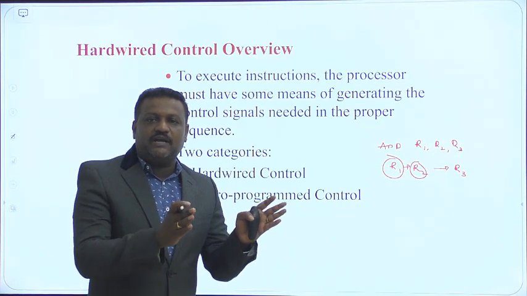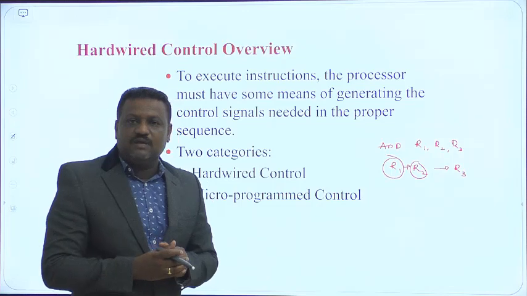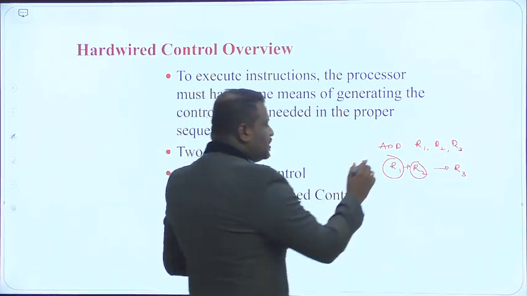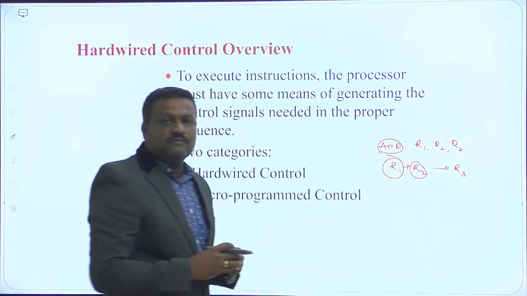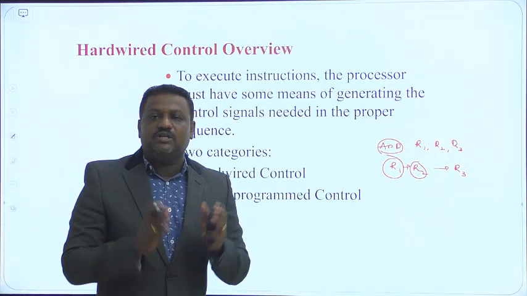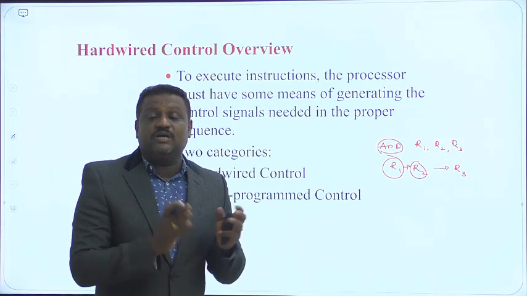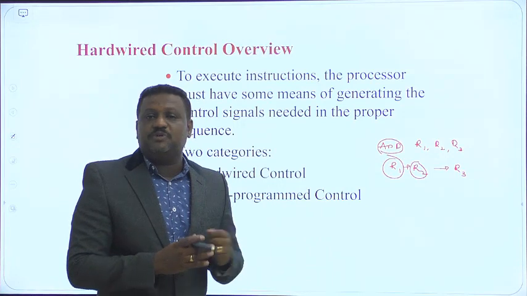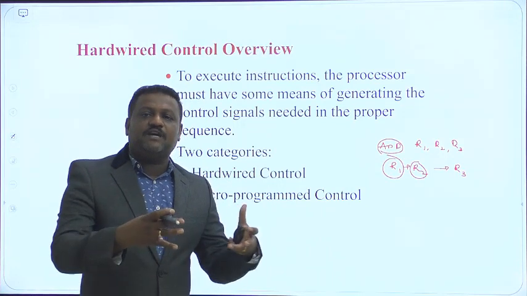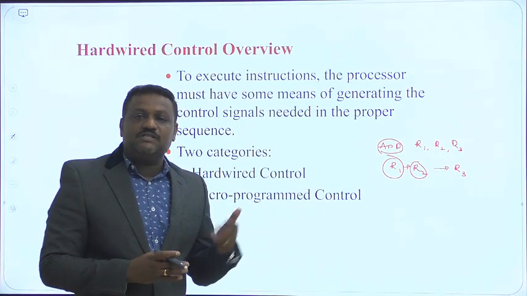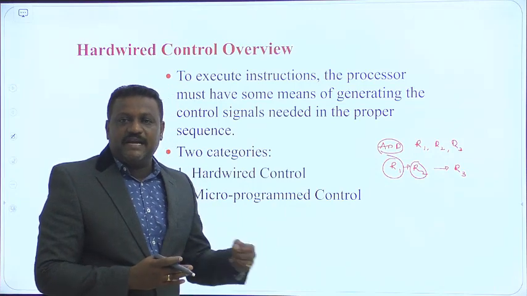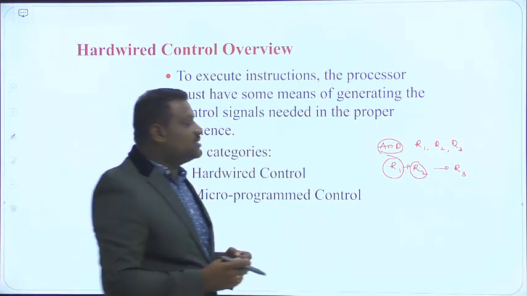Once these two inputs are available at the input side of the ALU, my control unit generates the control signal add. That gives the indication to the ALU that you have to do addition on your inputs. After completion of addition, the result available at the output is transferred to another CPU register R3.